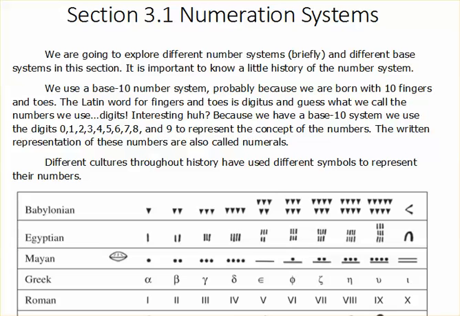So we want to make sure that you understand how our number system works inside and out and why you're doing what you're doing. That will help you be a better teacher.